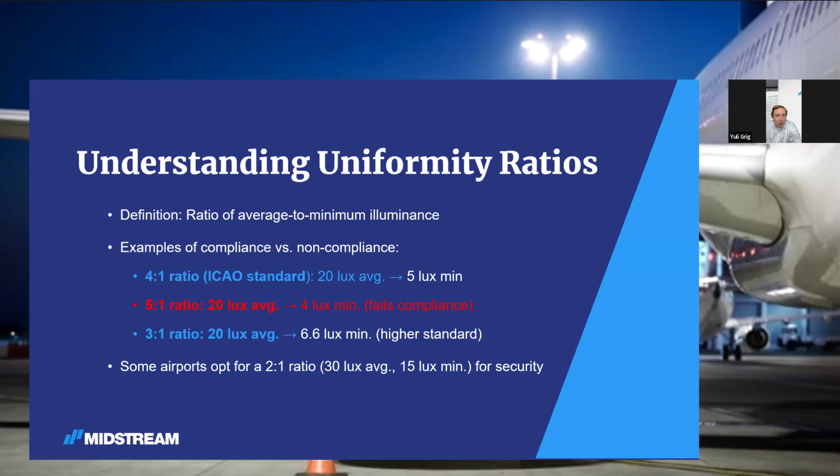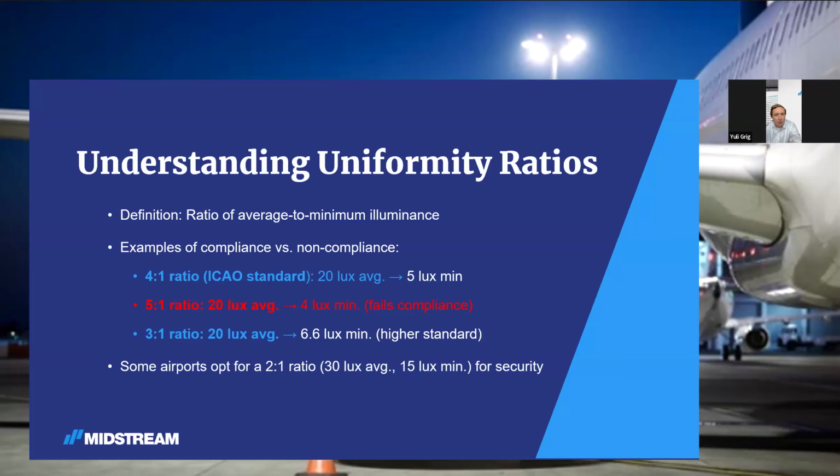If the ratio drops to 5:1, that means you still have a 20 lux average, but now your minimum is only 4 lux. That means that you are out of compliance because it's now not 4:1, it's 5:1, and that's not allowed. So it's anything that's 4:1 or better.